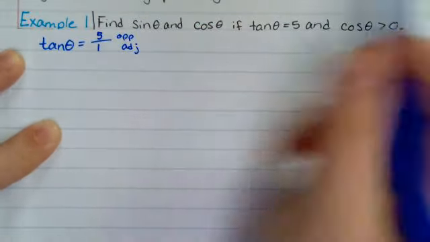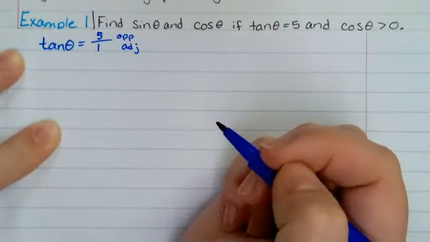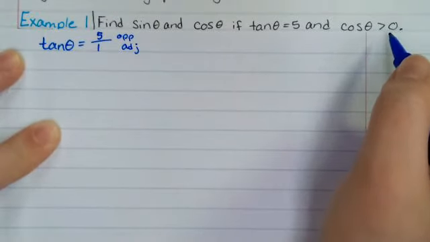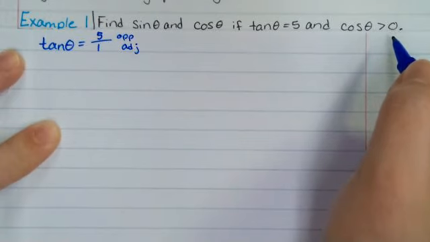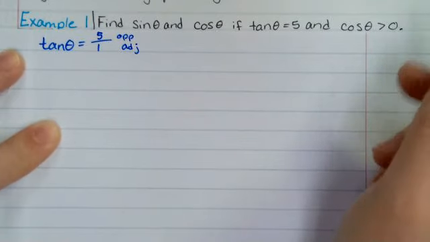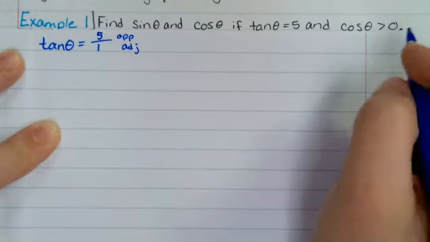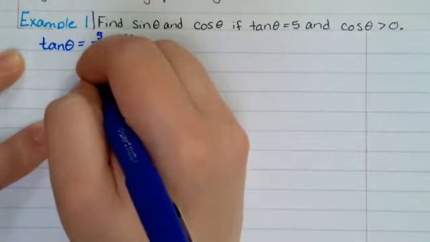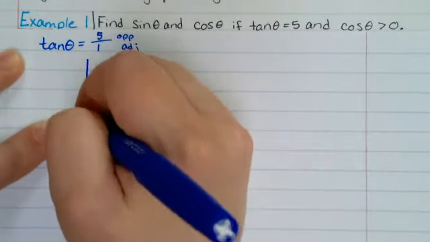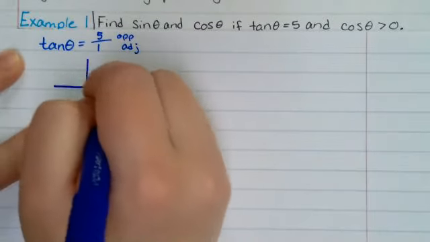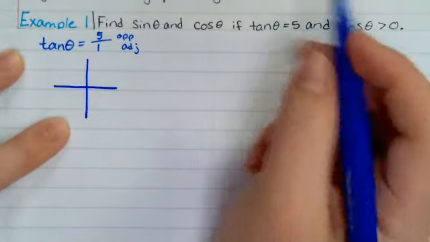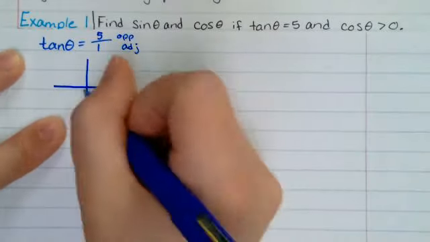Also knowing that tangent is positive and cosine is positive, if they're both positive, that forces me to be in the first quadrant. So just to get a little picture started, if cosine is positive, we're on the right side of this.